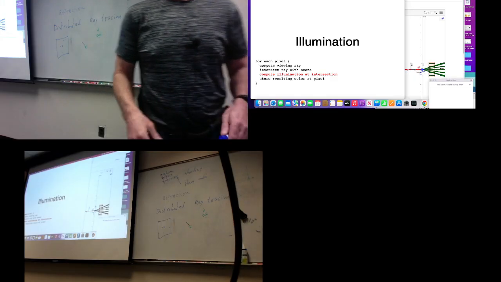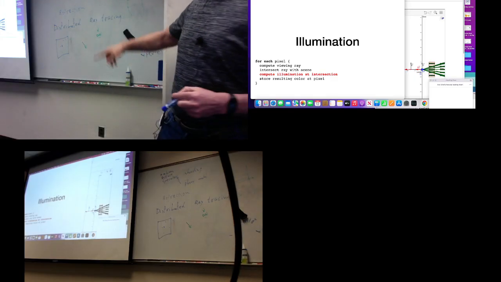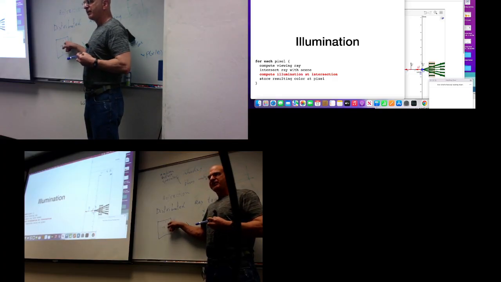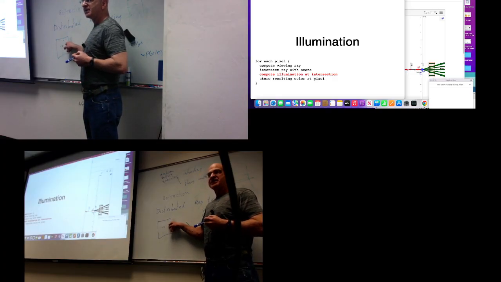And how do we handle it? Sometimes it's a better idea to shoot a few rays through every pixel. The exact location of the ray might be randomized. That will have some advantage.